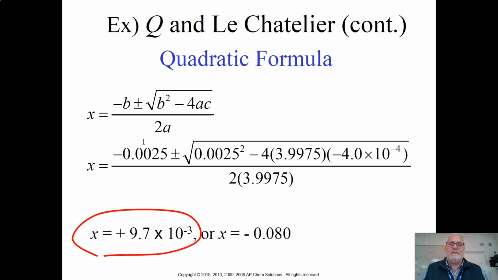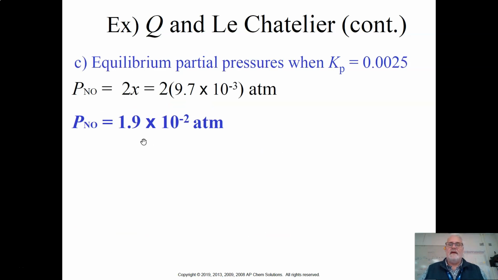So we're not even positive that it's going to affect our final answer. We can do the first part, finding the nitrogen monoxide by just taking partial pressure is 2 times the X value. So multiply that by 2 and just round it to 2 sig figs, and it's that many atmospheres for the partial pressure of nitrogen monoxide.